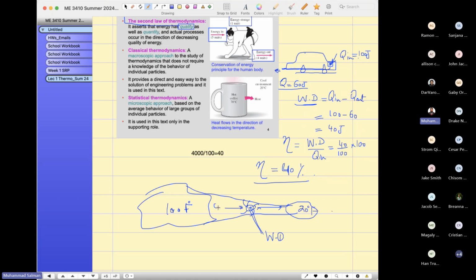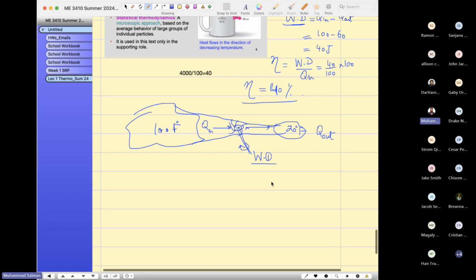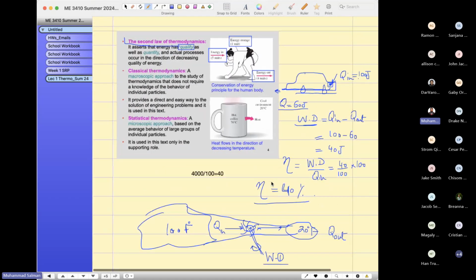When energy flows from a high temperature reservoir to a low temperature reservoir, thermodynamics engineers thought they could put a turbine or a piston there to generate work that is utilized to do multiple tasks.